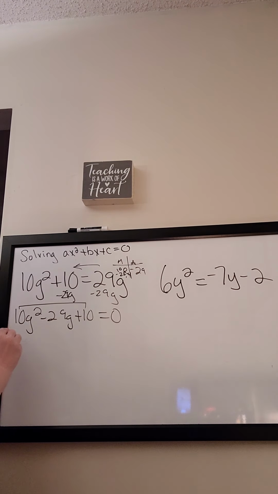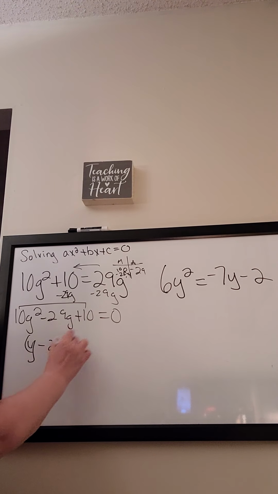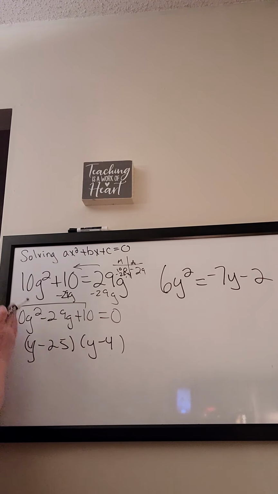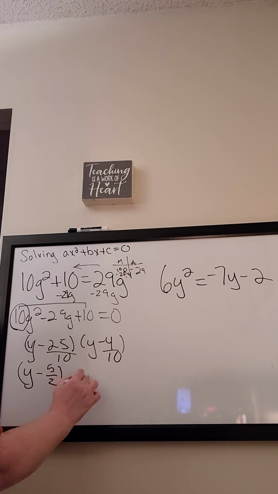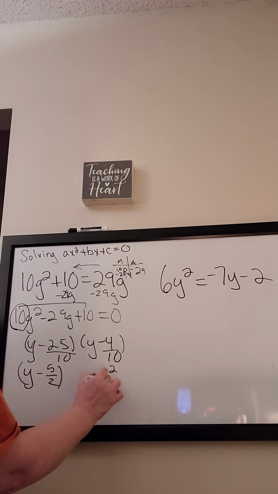That works. So I'm going to act like this 10 isn't here and just write it as y minus 25 and y minus 4, like we would if this was just a 1 here. But now I need to divide the numbers by that 10. I'm going to simplify if possible. So here it's going to simplify to 5/2, and here it's going to simplify to 2/5.